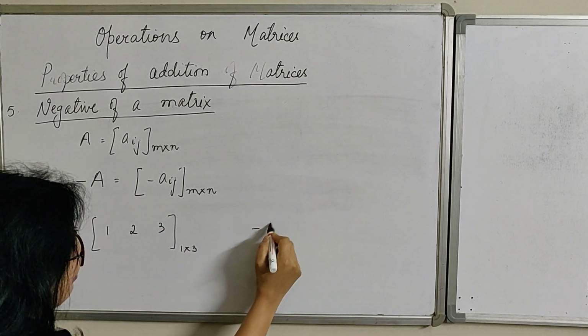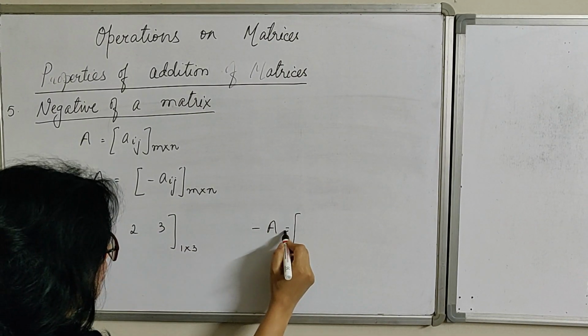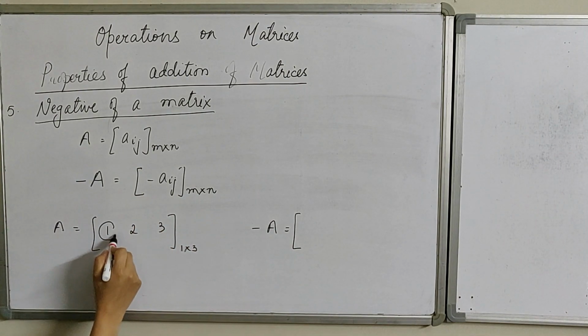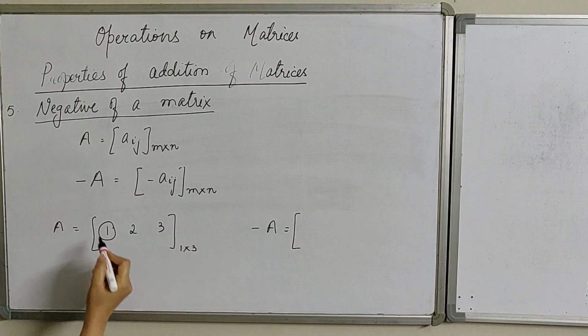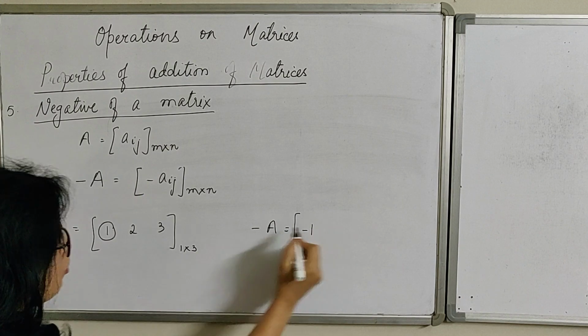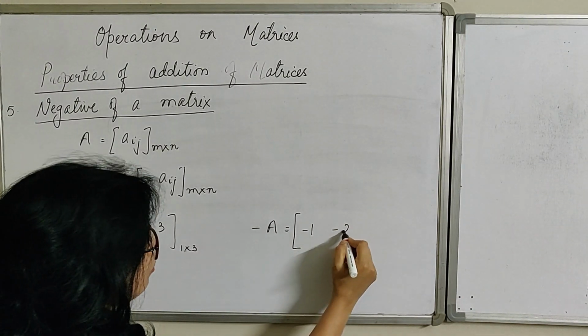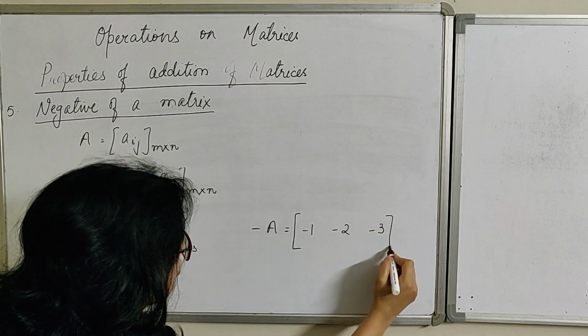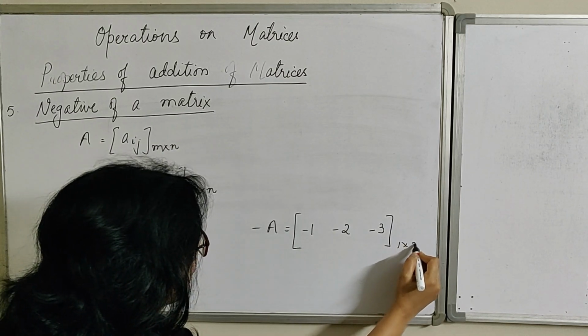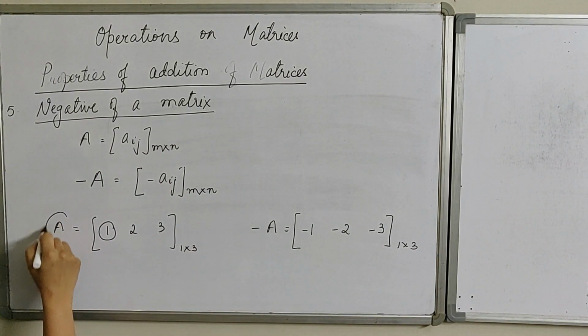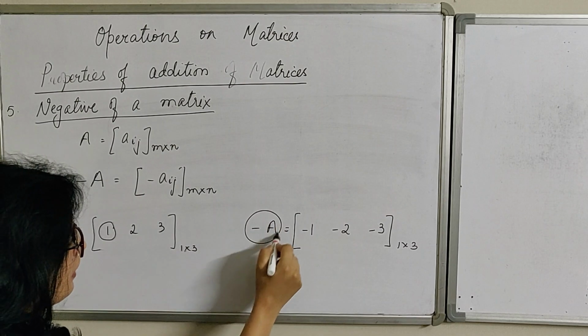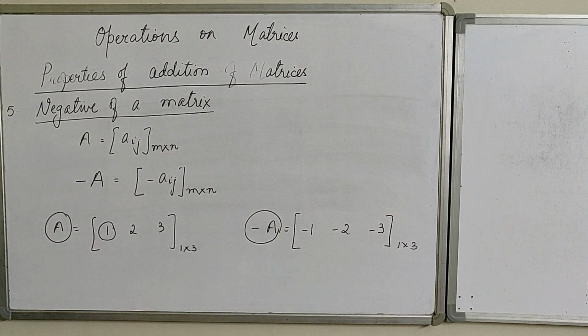The negative matrix basically means replacing each element of the matrix by its additive identity. Additive identities of these elements are minus 1, minus 2, minus 3 of the same order 1 by 3. So here is matrix A and this is the negative of the matrix.